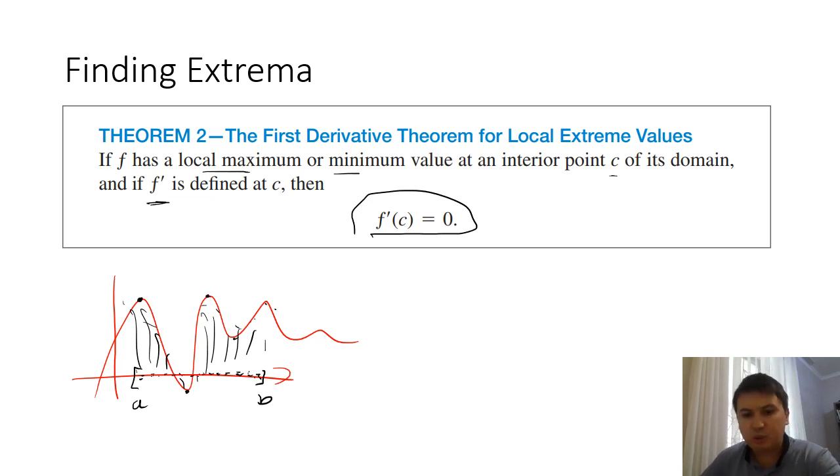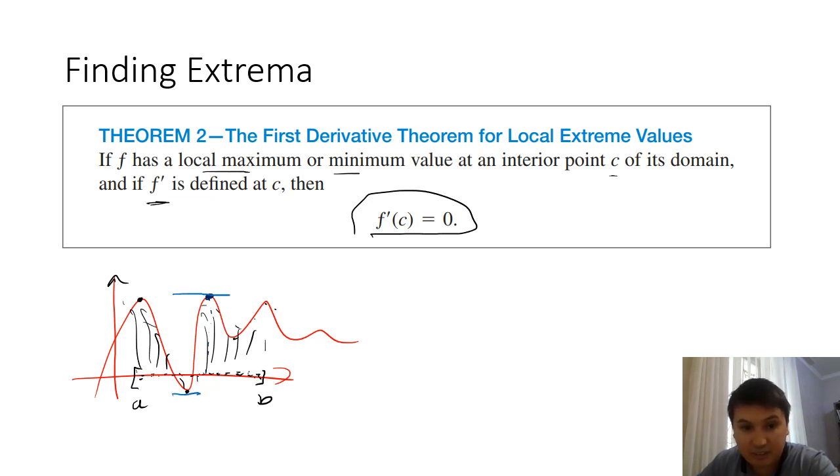Why is that? I'm not going to prove it, but let me give you an intuition. Let's go back to this graph. For example, I see that this particular point is a local extremum, a local maximum. This is the peak. If I were to sketch the tangent line, it's going to be horizontal.